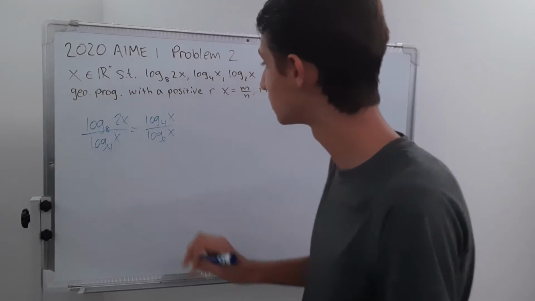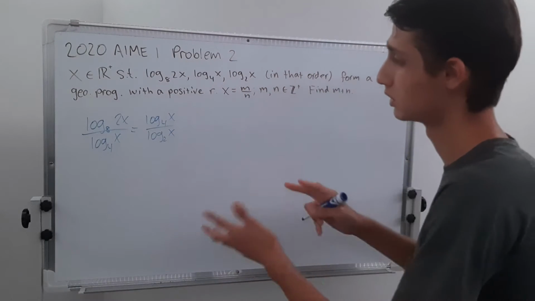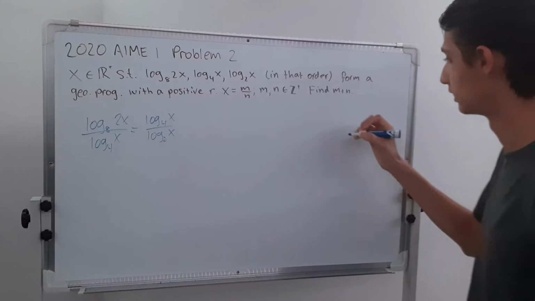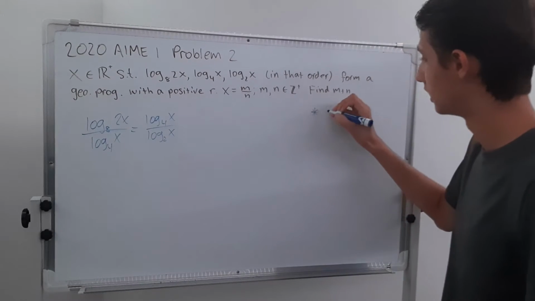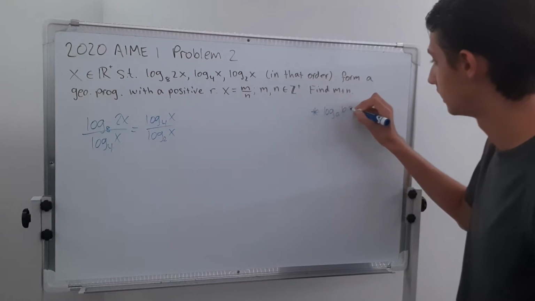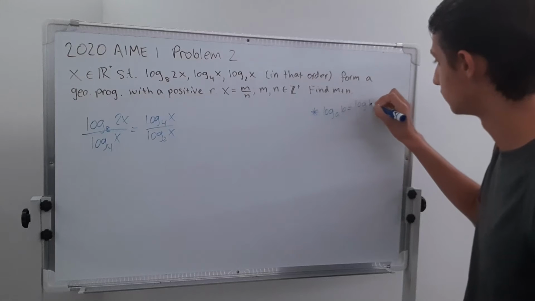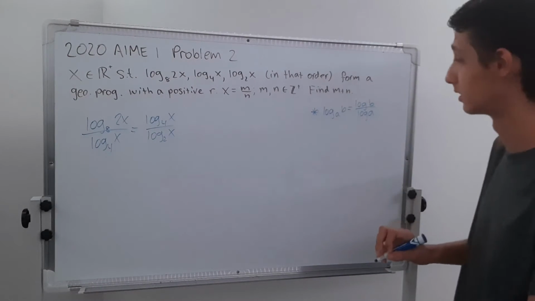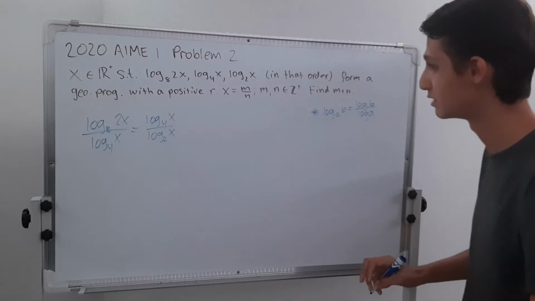We can do some rewriting here because there are a lot of properties we can use. First, log base a of b is simply log base 10 of b divided by log base 10 of a, or any base as long as they're the same.